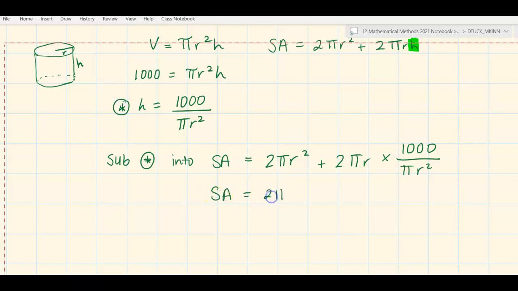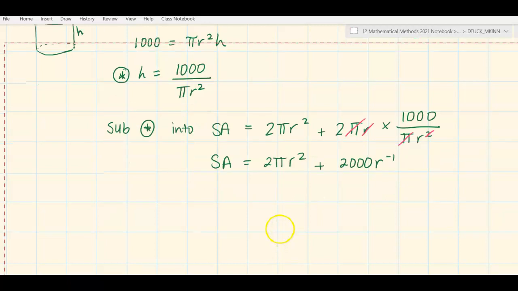So we've got 2 pi r squared plus 2,000, and I'm just going to write it as r to the -1. I cancelled out a pi and I cancelled out an r to the power of 1. Now we have one equation, surface area, in terms of one variable, radius. We are now ready to optimize that equation.